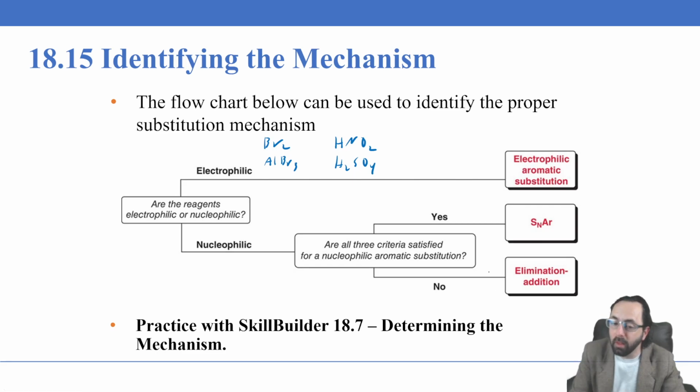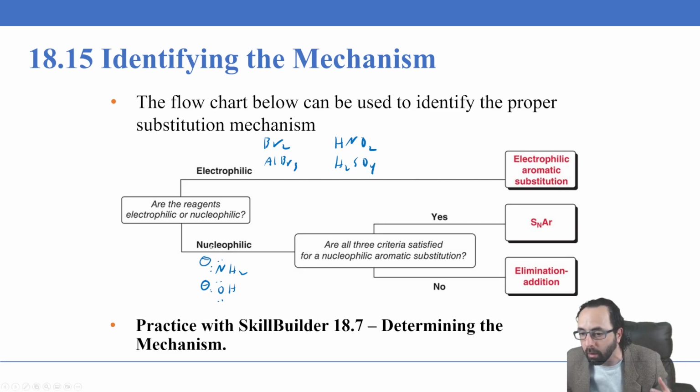If we have a nucleophilic reagent, and we saw two important nucleophilic reagents, these included NH2 minus and OH minus. These are nucleophiles here, and most importantly, you should have an electron withdrawing group on there as well. So are the criteria for nucleophilic aromatic substitution going to be met?